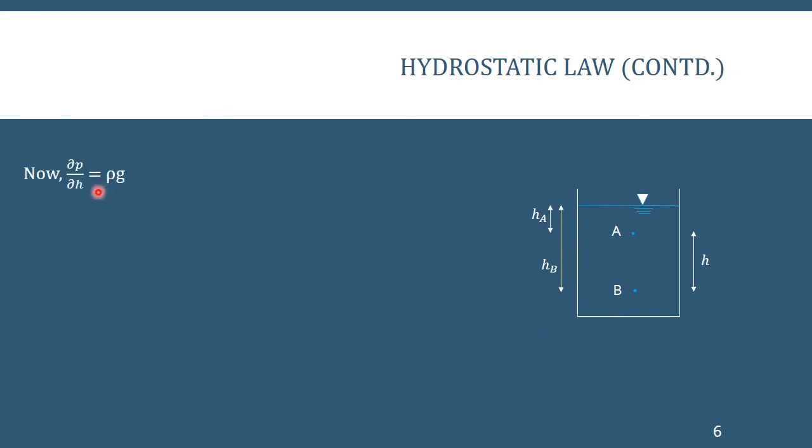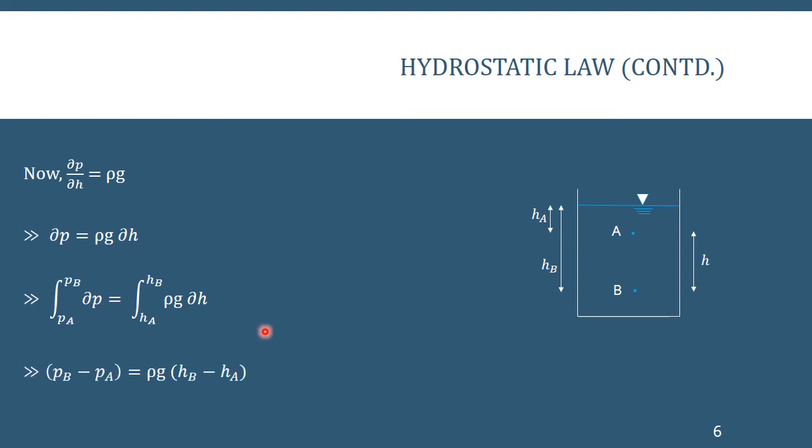Hydrostatic law states that dou P by dou H is equal to rho G. If I cross multiply, I'll get dou P is equal to rho G into dou H. So I can integrate this, and the limits of integration for pressure is from PA to PB, and for dH is from HA to HB. And I will end up getting PB minus PA is equal to rho G into HB minus HA. HB minus HA is nothing but H. So I can write this as PB equal to PA plus rho GH.